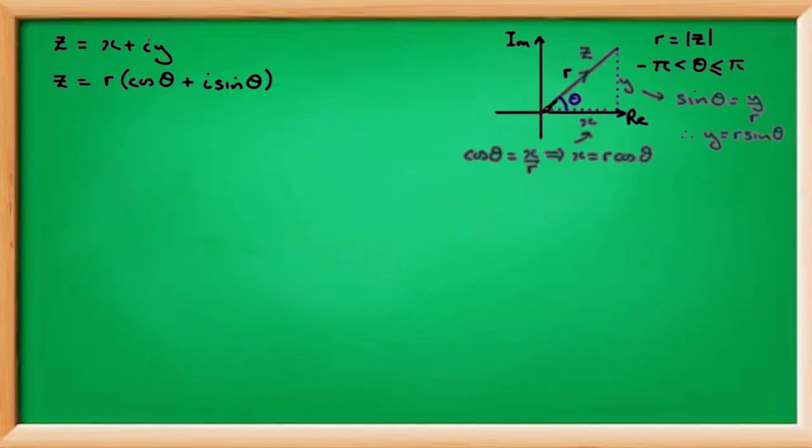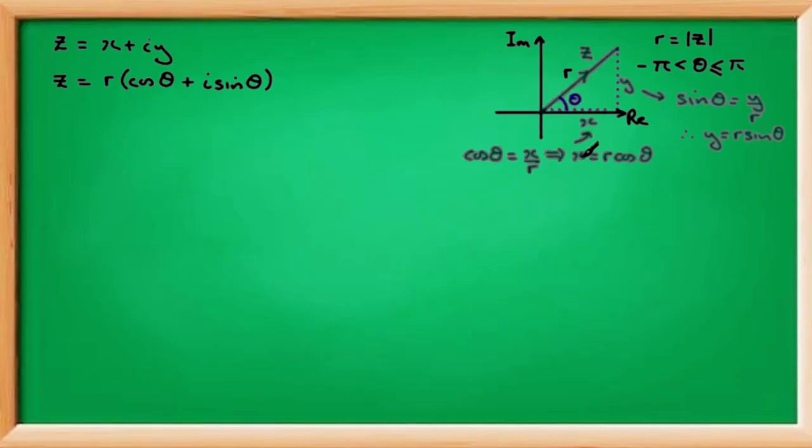You could rearrange it to give x equals r cos theta. Similarly, you could find y by doing the sine of angle theta equals the opposite side over the hypotenuse. So sine theta equals y over r. Rearrange that, and you get y equals r sine theta.